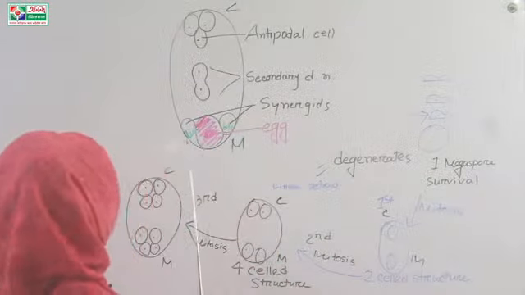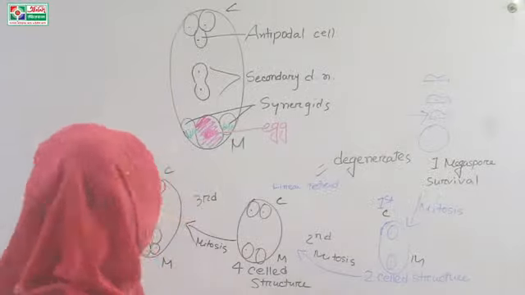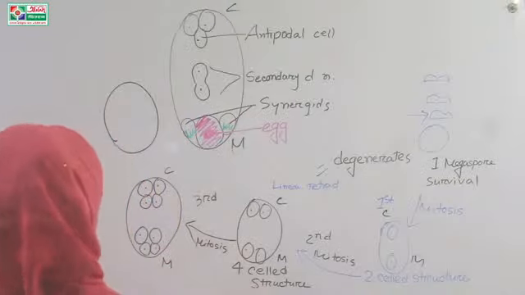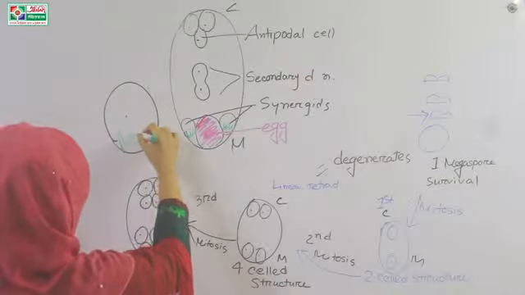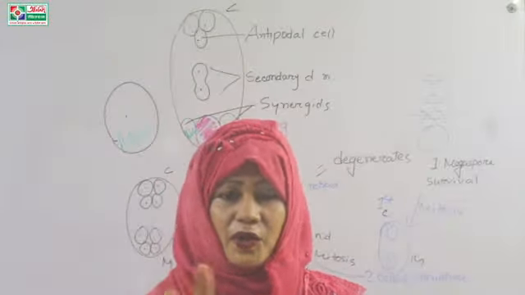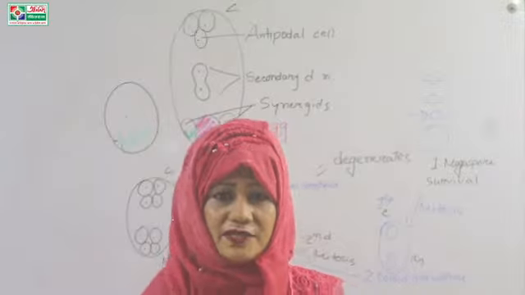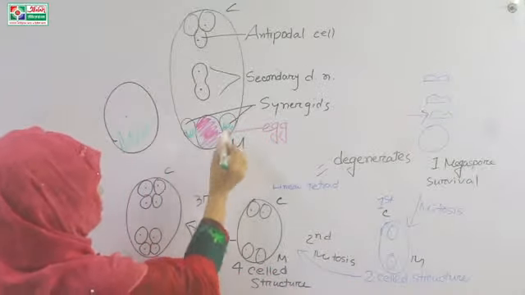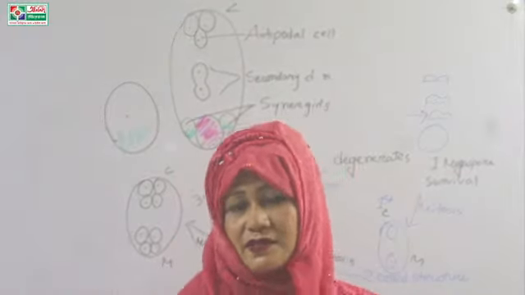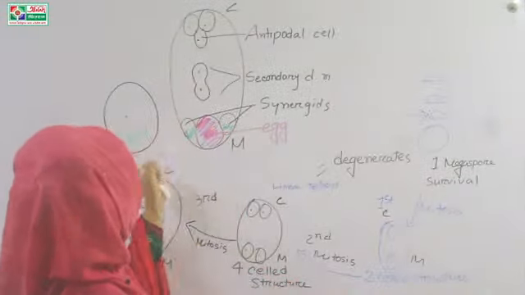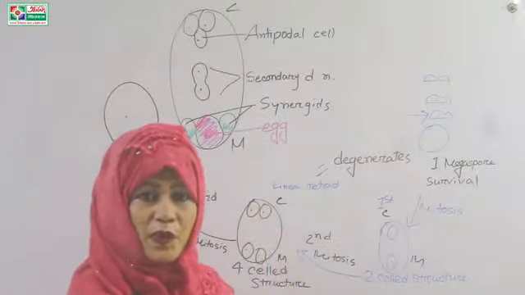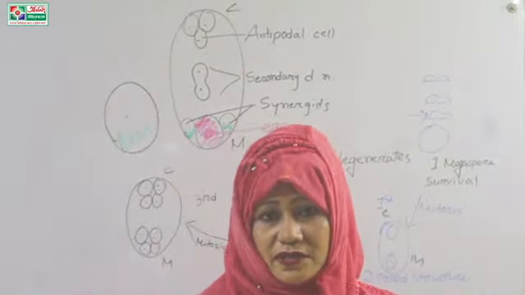I have drawn these finger-like structures on the synergids, and they attract the pollen tube for fertilization. And these three cells together are known as the egg apparatus.